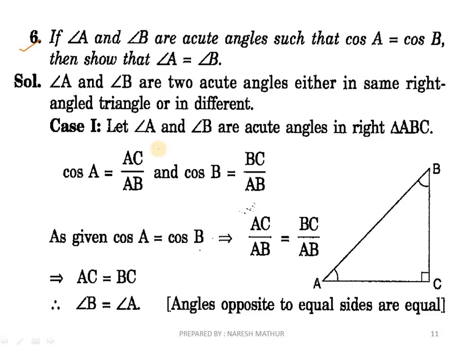Now we are given cos A equals cos B. So the value of cos A is base by hypotenuse, AC upon AB, and cos B is BC upon AB, and as it is given both are equal, we can equate them. So now we can write AC equals BC, and as two sides are equal, angles opposite to equal sides are always equal. Therefore we can say angle B equals angle A.